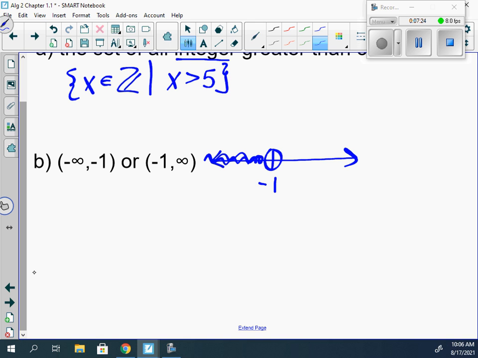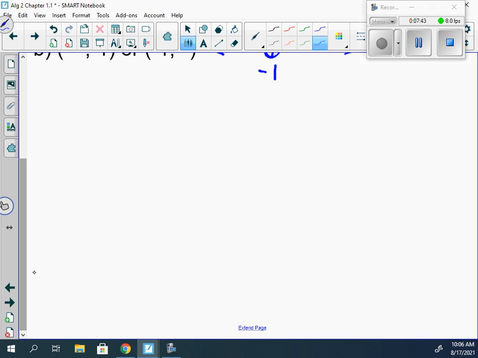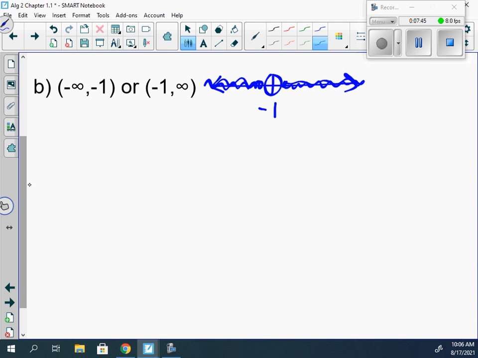Now, the other statement is that I have all the numbers greater than -1. So really it's saying what? It's all real numbers except for -1. So let's start set builder.